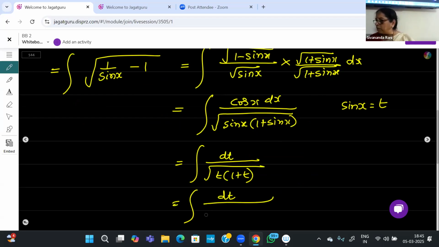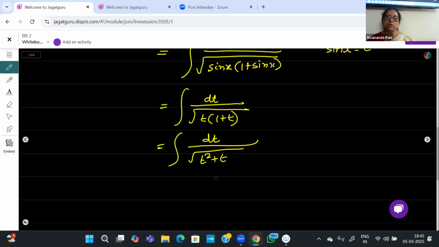Even though it almost looks like, what is it? Partial fractions. It's not. Under the root, you have factors, so that's not clicking. So what do you plan to do for this? Under root, you have a quadratic, and that too, it's not a pure quadratic. What do you do? Complete the square. Yeah, we can.